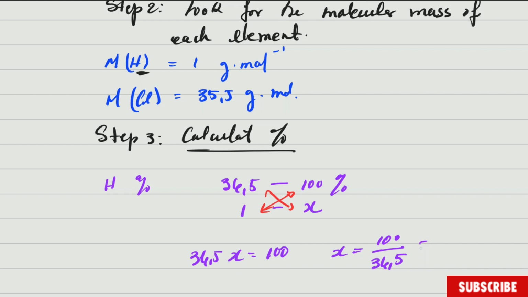And this will give you 2,74%. So this is the percentage of hydrogen in the compound. So out of the compound, 2,74% belongs to hydrogen. And all we have to do is to repeat the same for chlorine.